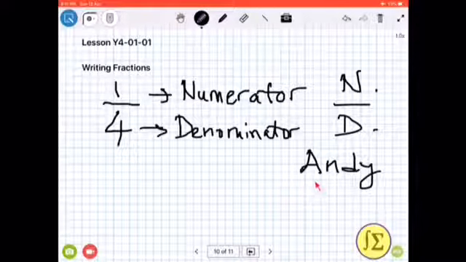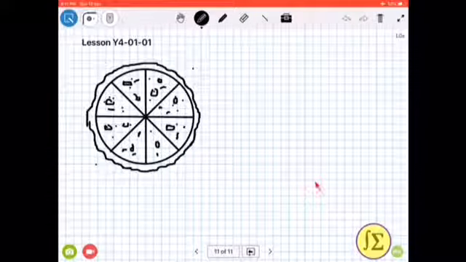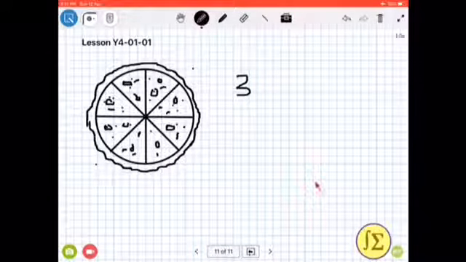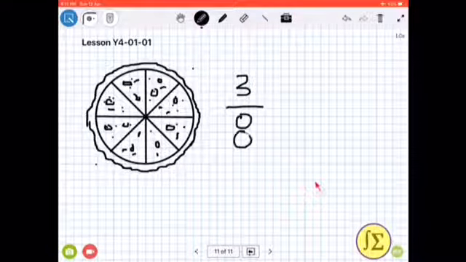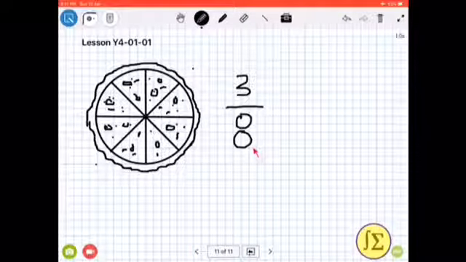Let's look at another fraction. Let's say 3/8, and we'll use the same pizza example. 3 over 8. Let us look at the denominator first, 8. What that number indicates is that it describes the whole pizza. It gives you more information about the whole pizza.